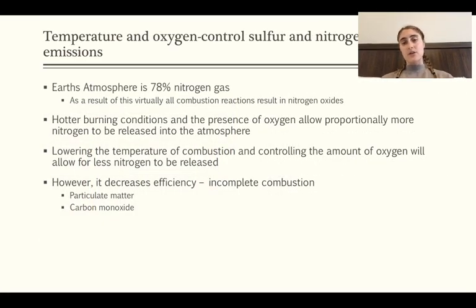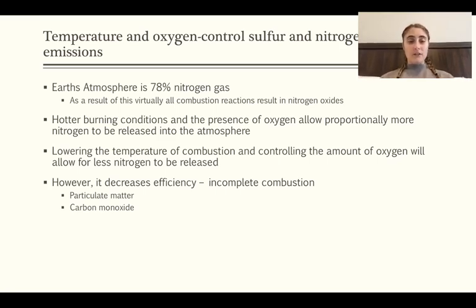Next is temperature and oxygen control, and this one's really going to be looking at nitrogen emissions. So we know that about 78% of our Earth's atmosphere is nitrogen gas, which means any type of combustion reaction that we're going to be doing on this planet is going to react with the oxygen in our air and result in nitrogen oxides. And we know NOxes, or nitrogen oxides, are a predominant greenhouse gas.